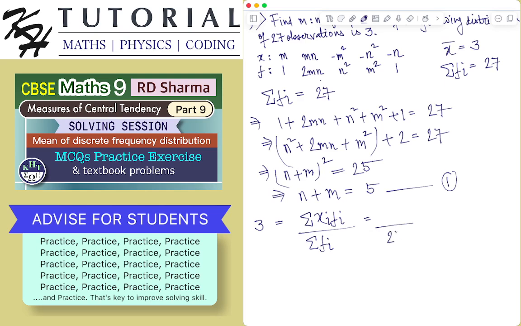So this is 27, and summation of xi fi gives m plus mn multiplied by 2mn minus m square multiplied by n square minus n square multiplied by m square, and I have minus n.